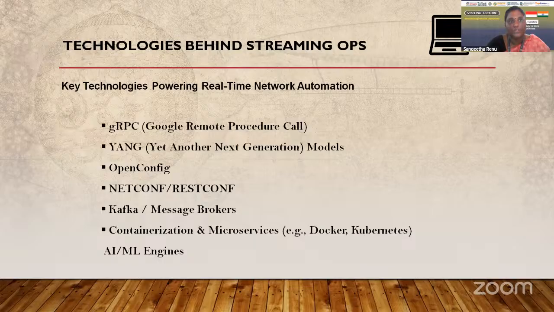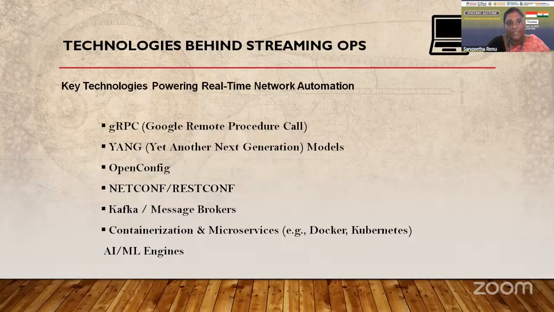So in the technologies behind streaming operations, the first one, gRPC, Google Remote Procedure Call, is a high-speed open-source communication protocol used to send telemetry data from devices to collectors. Second one, YANG, Yet Another Next Generation, is a data modeling language used to define structured data for network devices.